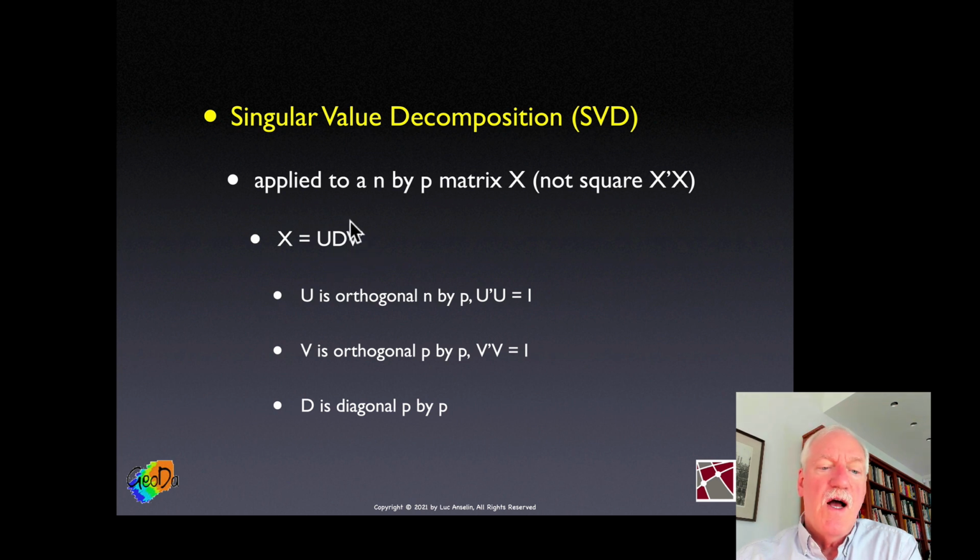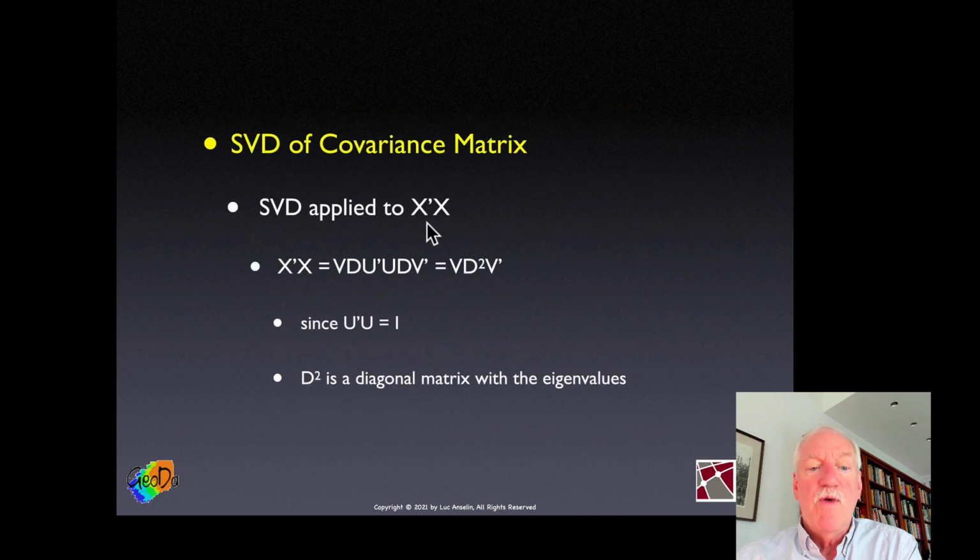So notice how the singular value decomposition is applied to the original data set, not to a square matrix. But we will be dealing with this square matrix. That's our covariance matrix again. So how do we get something that's useful from this? Well, remember, our decomposition of X is U D V prime. Then the transpose of X is V D U prime, right?